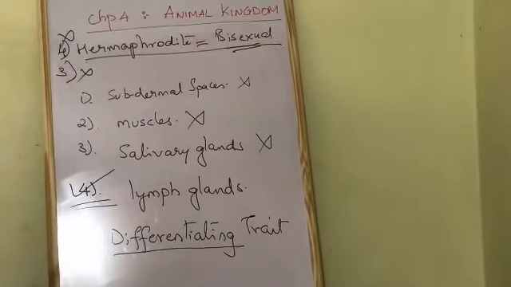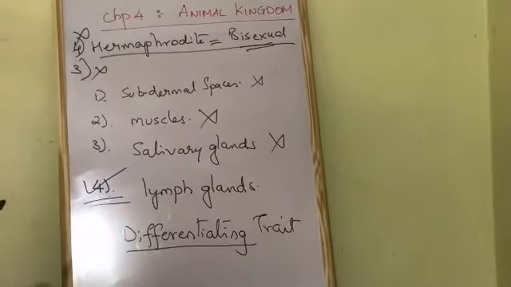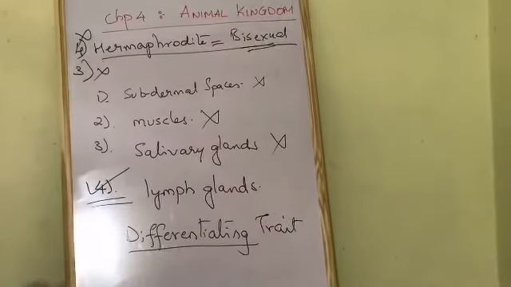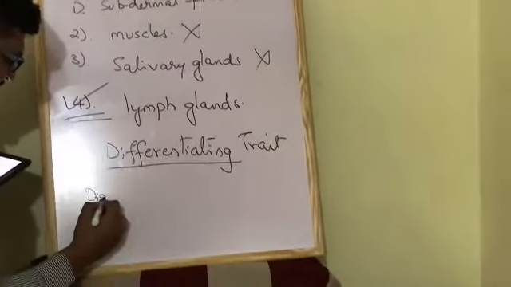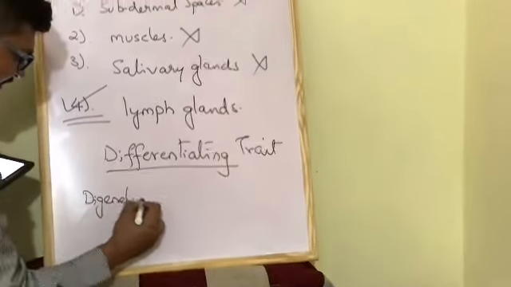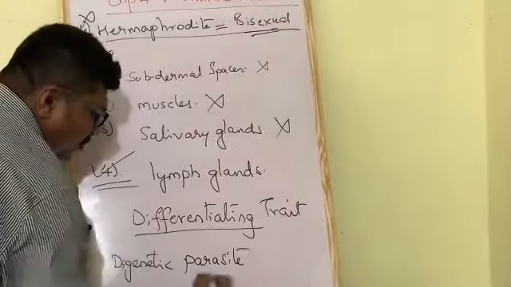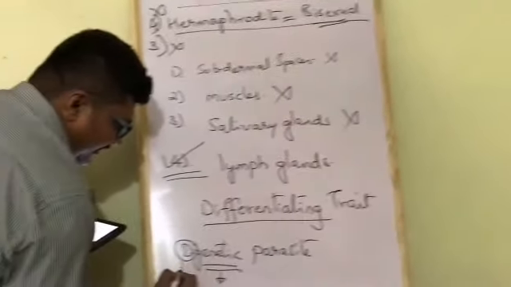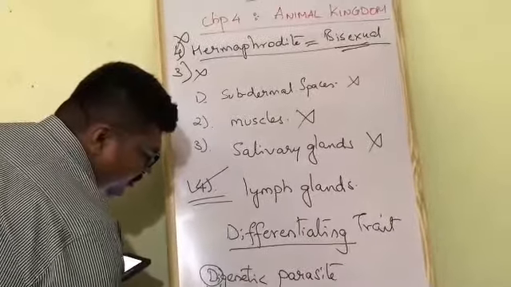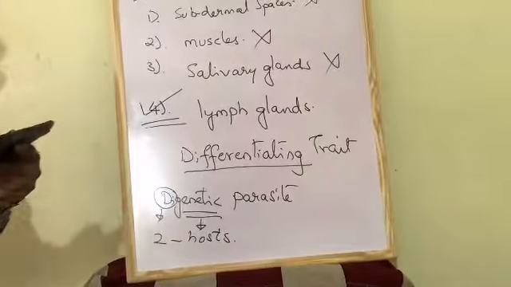Unisexual is sexually dimorphic, but digenetic parasite. The second part of option 2 says digenetic parasite. What do you mean by digenetic parasite? Digenetic parasite means the parasite which is going to have more than one host, and in that di is 2. So this is a parasite which has 2 hosts during its lifetime.